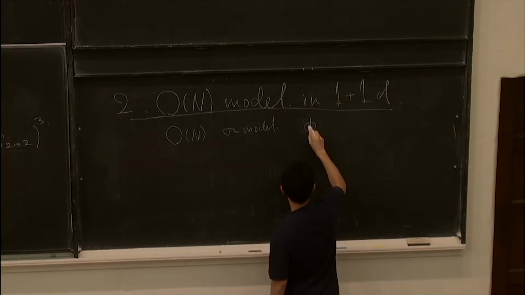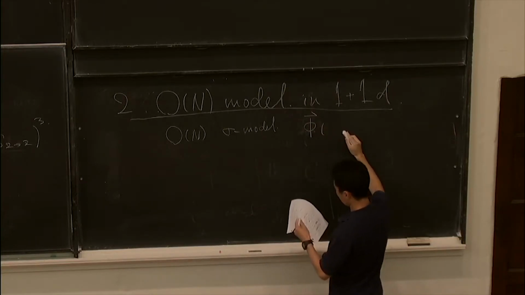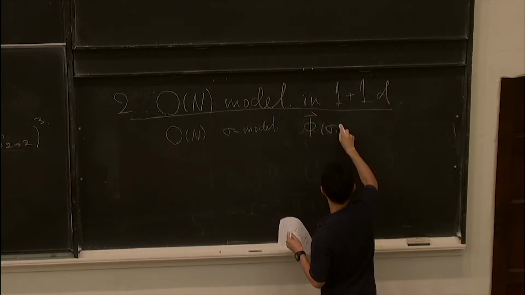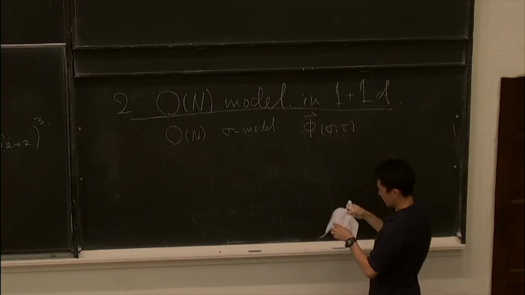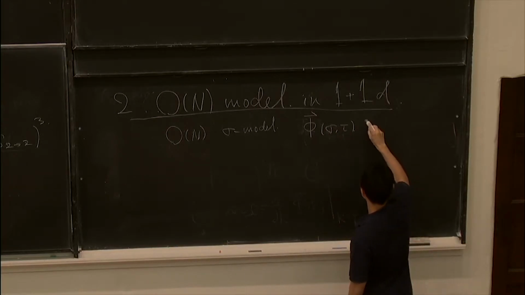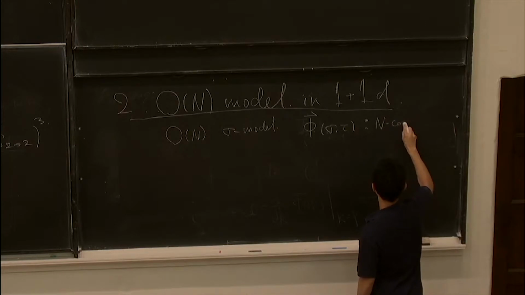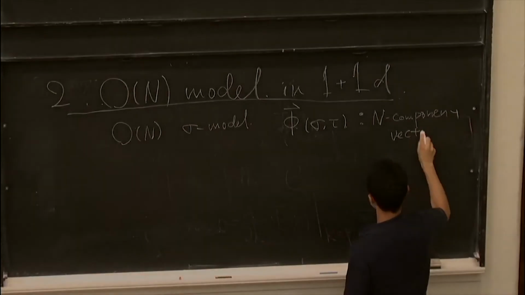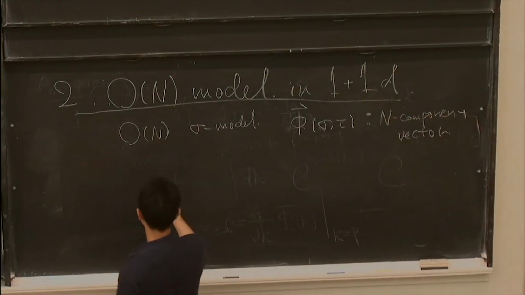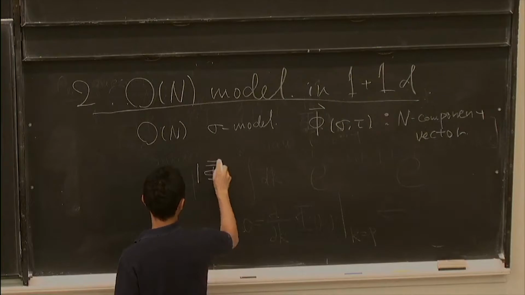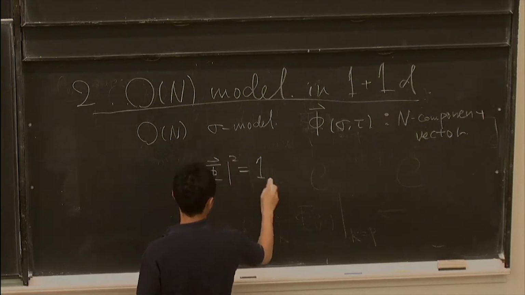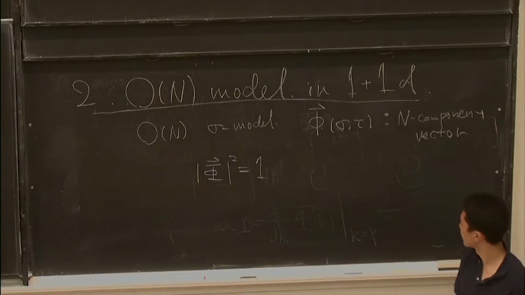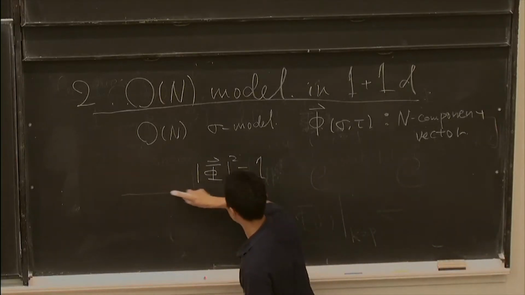I denote the field by sigma and tau, which are the two-dimensional space-time coordinates, and this is an n-component vector. It has to satisfy that its norm is just 1, so it has a unit norm. This is the field of the ON model that I'm going to study.